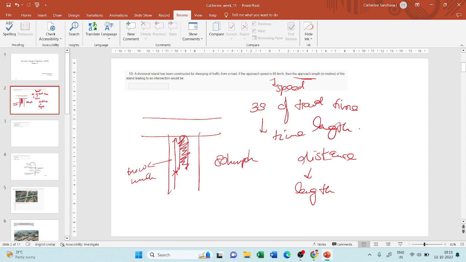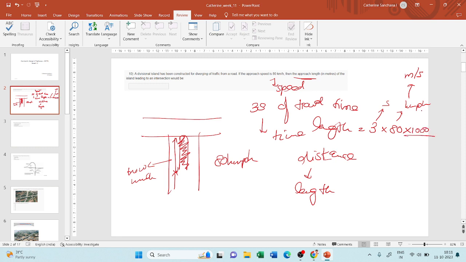Length is nothing but 3, this is in seconds, and speed is in kilometers per hour. So you have to convert this to meters per second, only then seconds and seconds will get cancelled. How will you convert kilometers to meters? It will be into 1000.